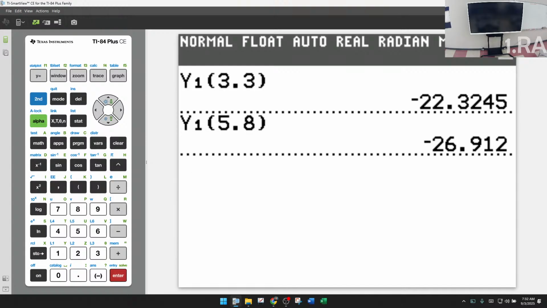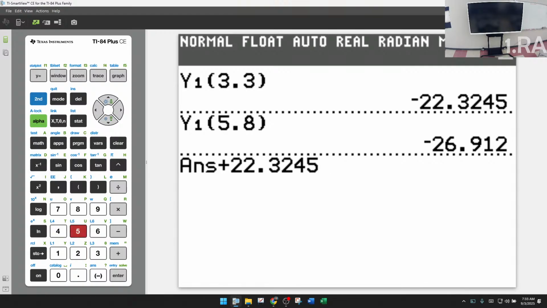Good. And so then I need to do y minus y over x minus x. Second answer minus, plus, how about that? Plus 22.3245.